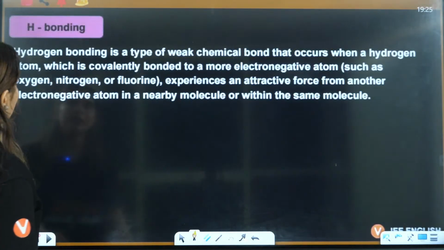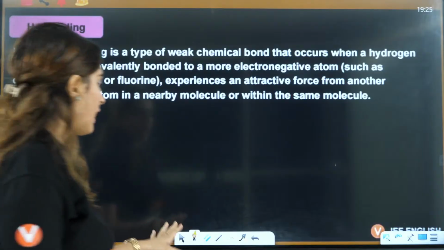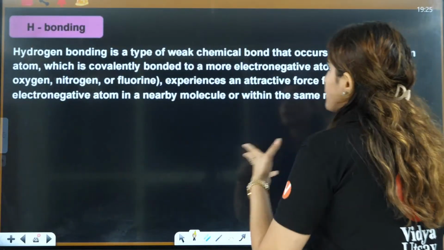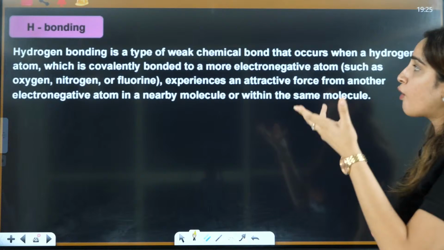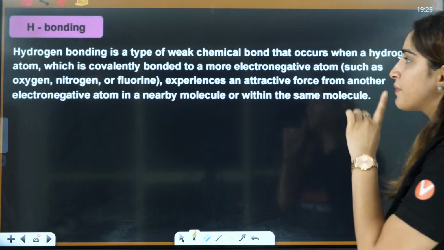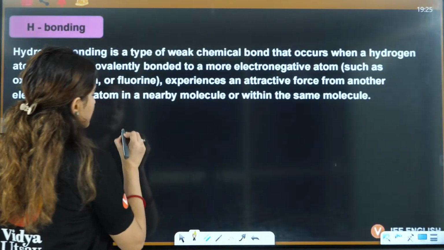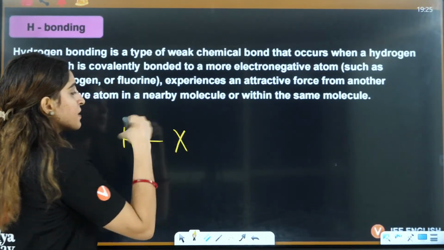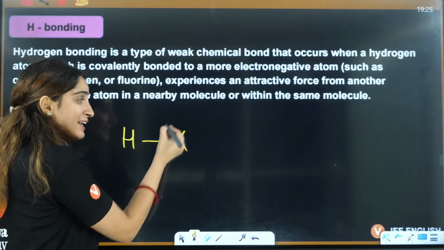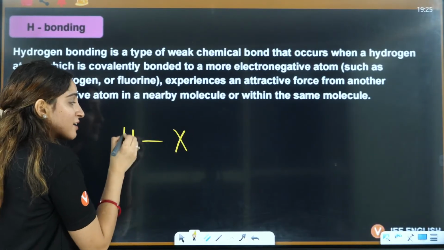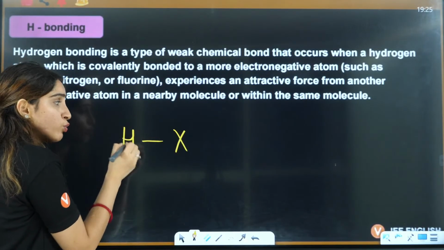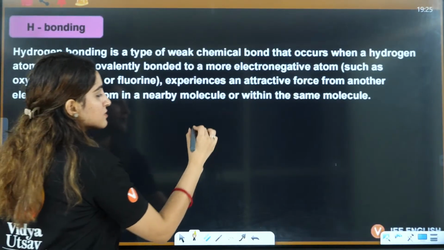Now the last topic is very simple, hydrogen bonding, right? Hydrogen bonding is a type of weak chemical bond that occurs when, let's say this is H and this is X, it will occur only if hydrogen is attached to an electronegative element through a covalent bond. You can answer it like this.